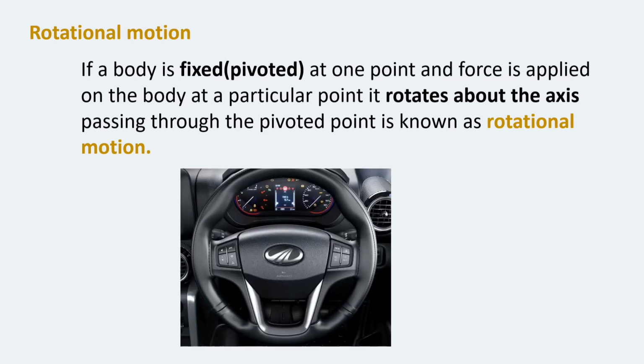For example, here is a steering wheel and it is fixed at one point. At whatever point you apply the force on the steering wheel, it will move in that particular direction about the pivoted point. That is nothing but rotation around its axis. This type of motion is known as rotational motion.